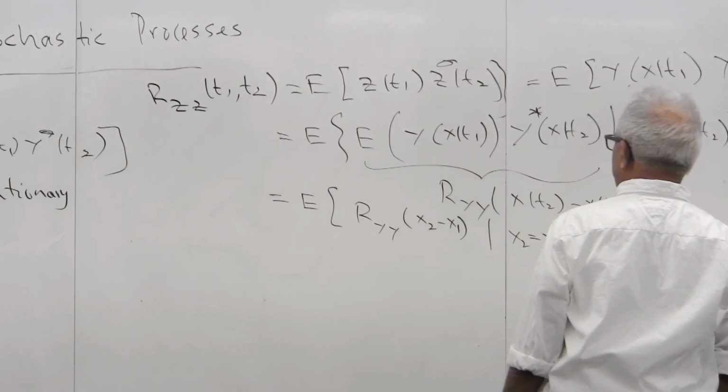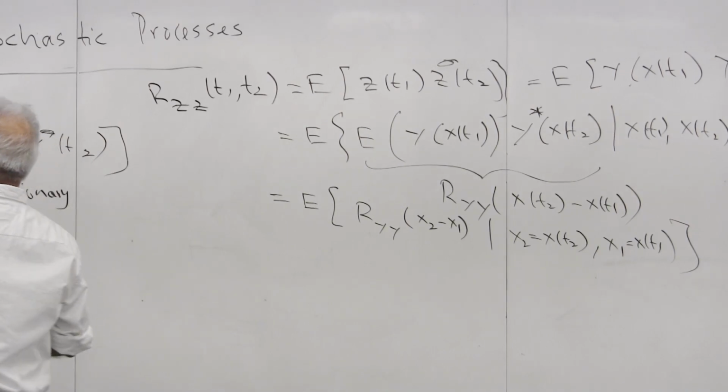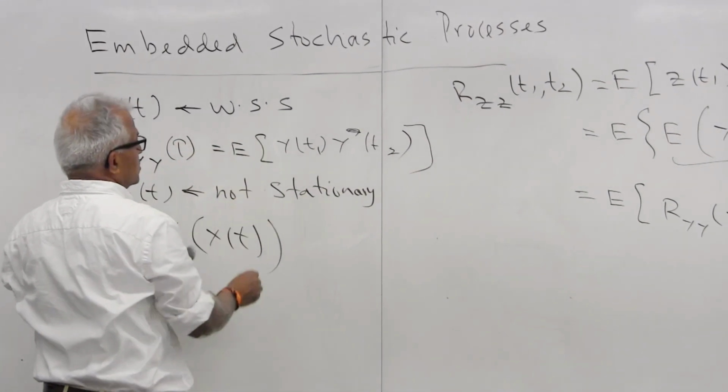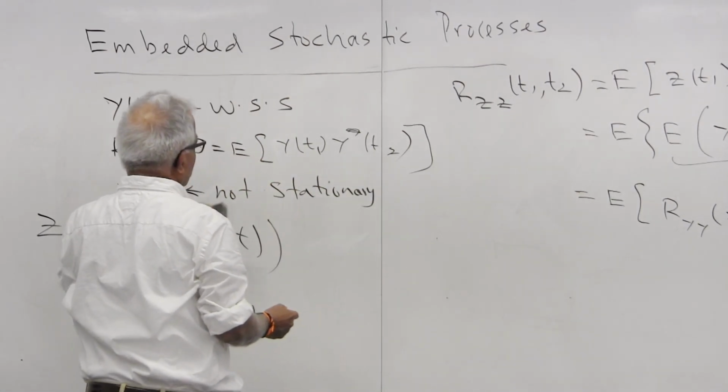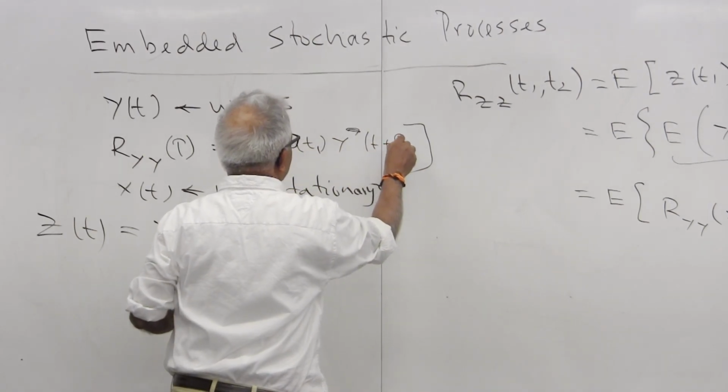So this is what we need to complete. But going back to tau here, if this is wide-sense stationary, t2 minus t1, I'm going to call that tau.